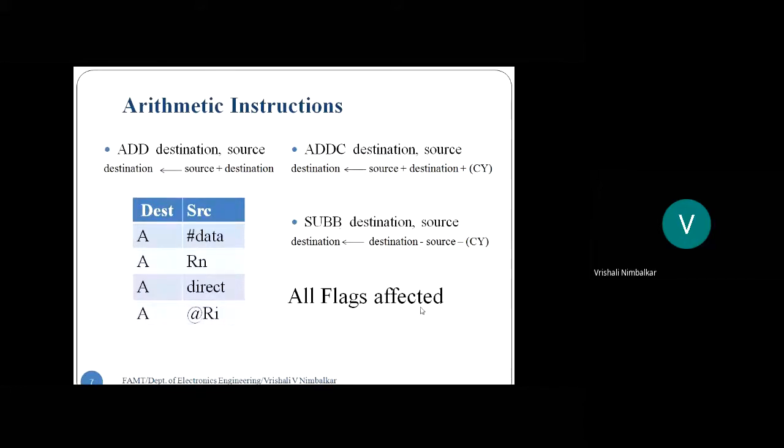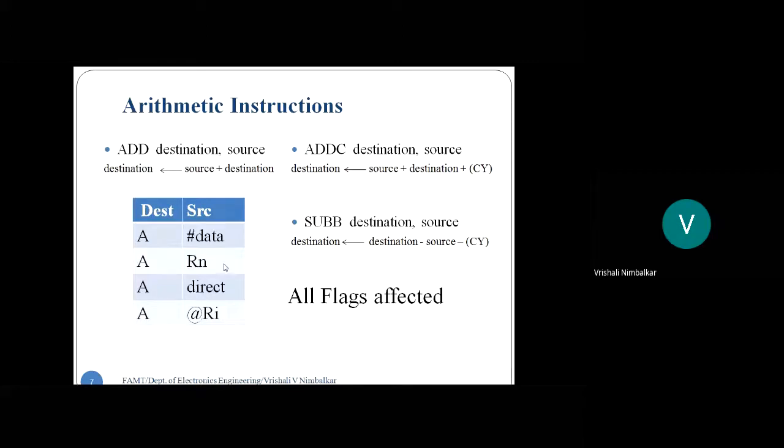And all the flags are affected. Arithmetic flags: carry, auxiliary carry, overflow, parity. These are the four flags and all of them are affected by the arithmetic instructions ADD, ADDC, SUBB, whereas in data transfer, none of the flags are affected. Addressing modes: we have 5 addressing modes, out of that, 4 are possible.